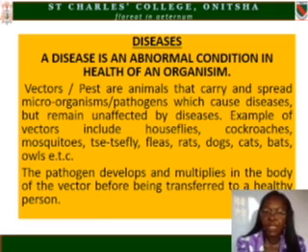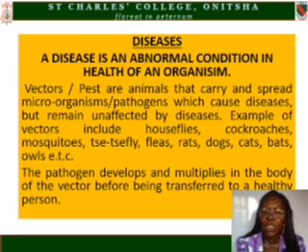Now these disease conditions are caused by vectors, which we used to call pests, and these pests are animals that carry and spread microorganisms. And what are these microorganisms? These microorganisms are called pathogens.